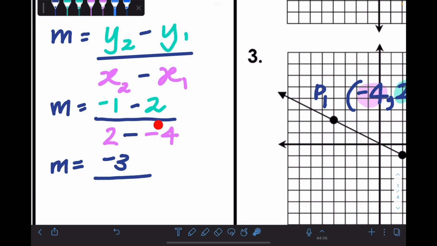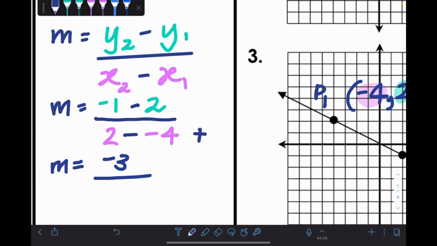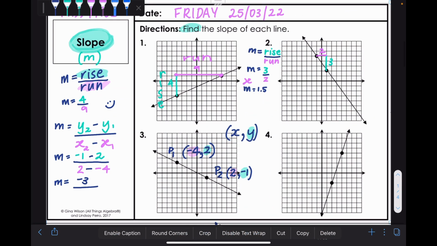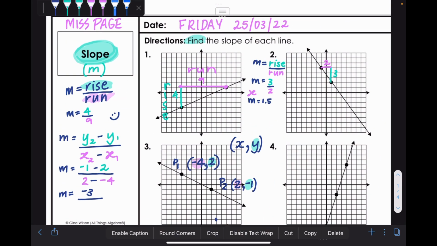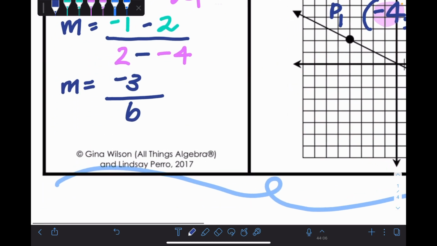Because I'm getting rid of debt, so I have more money. Minus minus becomes a positive, yeah? So 2 plus 4 is 6. Perfect.